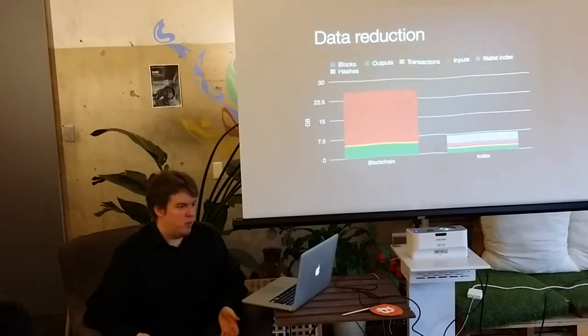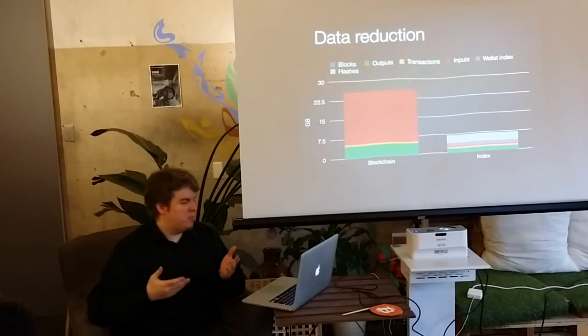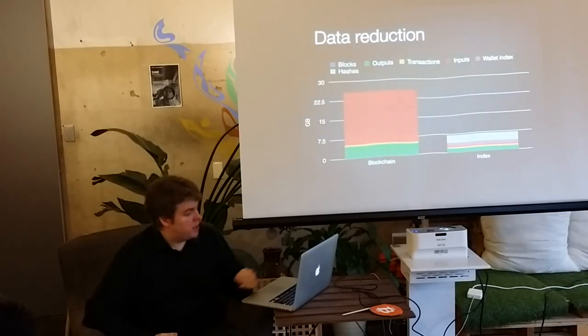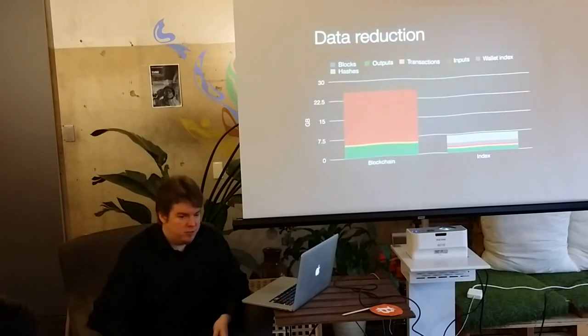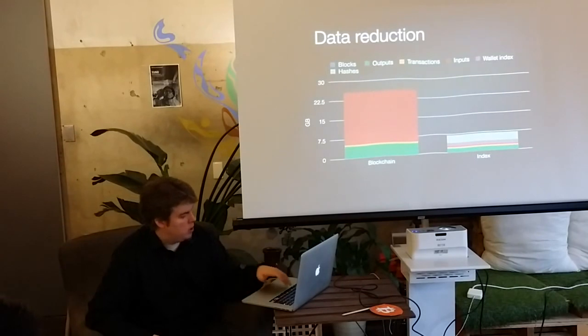If we have a block hash and we want to look it up in our database, we still need to store the hashes and have a lookup table for that. But even so, our compressed index is vastly smaller than the original blockchain. And if it's something like 7 gigabytes, suddenly that's something you can easily toss into memory on most workstations. And you have plenty of memory left to do your actual analysis.